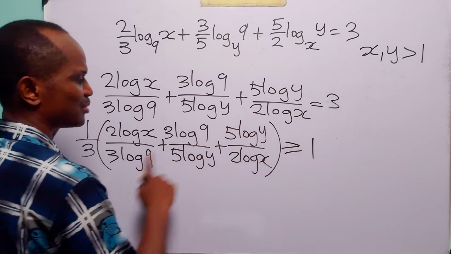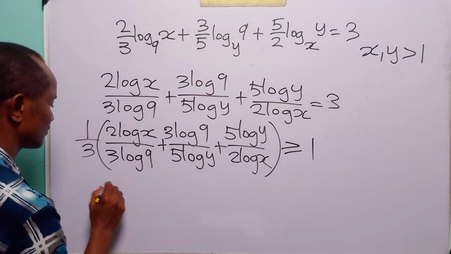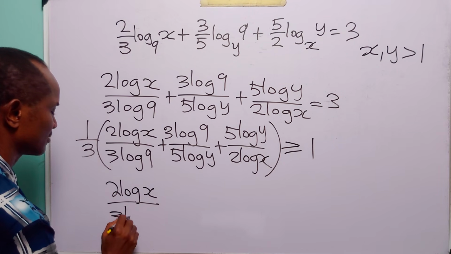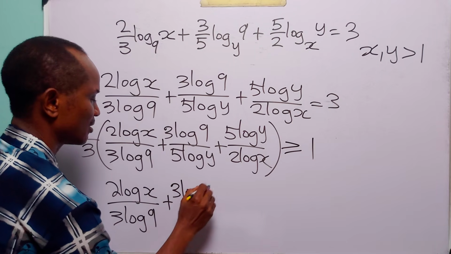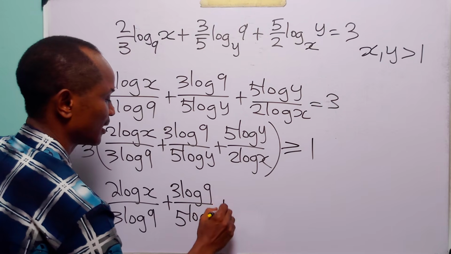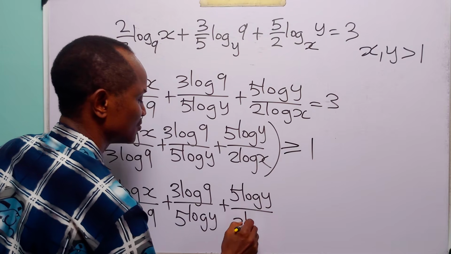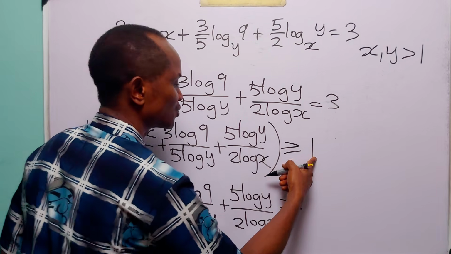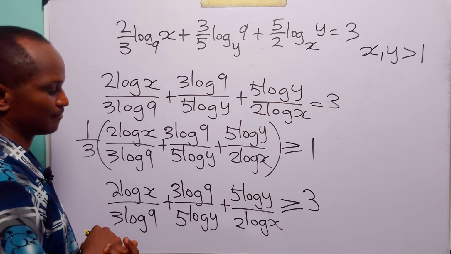Now, when we multiply both sides of this inequality by 3, we have that 2 log x over 3 log 9 plus 3 log 9 over 5 log y plus 5 log y over 2 log x must be greater than or equal to 1 times 3, which of course is equal to 3.